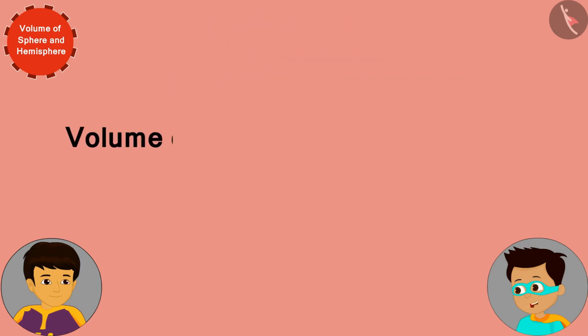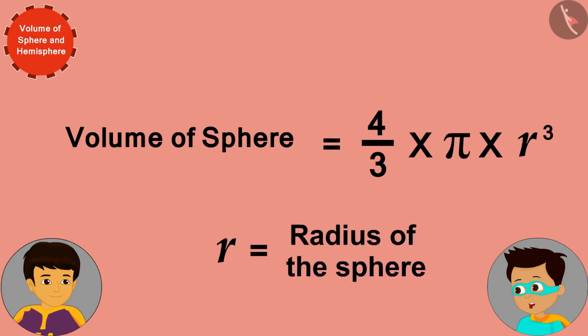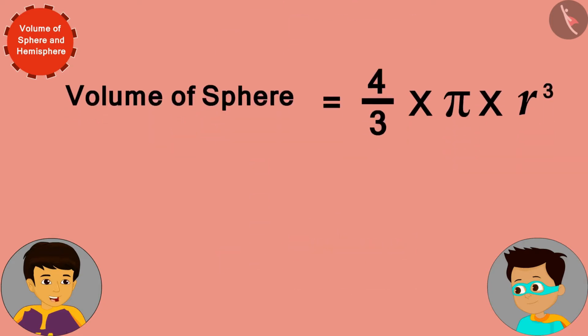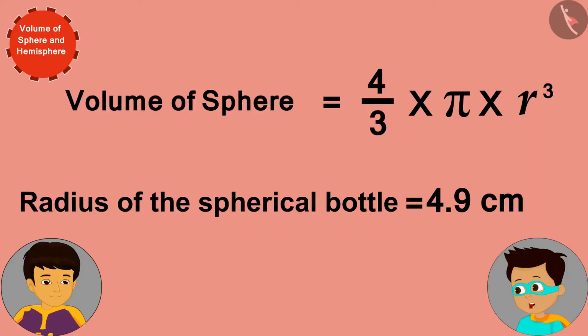Absolutely! The volume of a sphere is equal to 4/3 π r³, where r is the radius of the sphere. Well done, Thomas! Now, to solve this, just replace r in this formula by the radius of the spherical bottle, 4.9 centimeters.